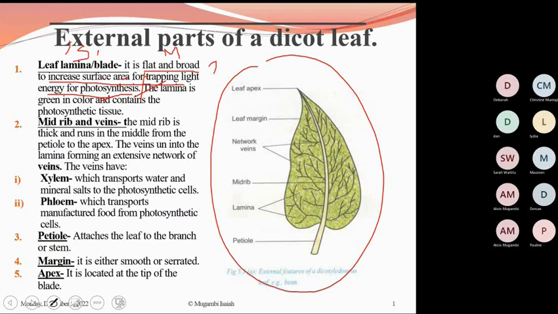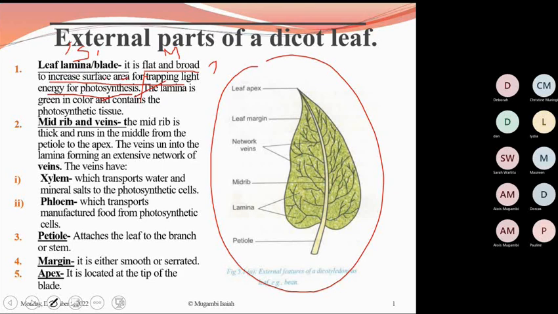The xylem tissue will transport water and mineral ions to the photosynthetic cells, so that the water is used for photolysis, to get the water split into oxygen and hydrogen. Yeah, so that is what you should be able to know.